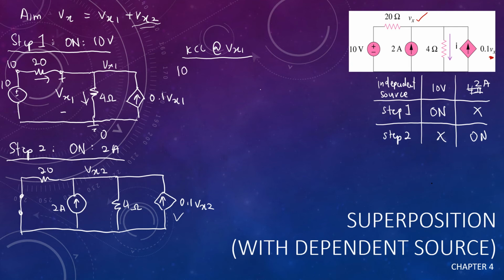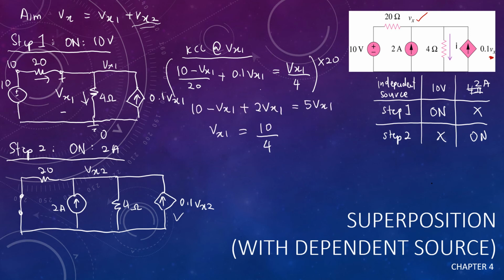This is (10 minus Vx1) divided by 20 plus 0.1 Vx1 equal to, because this current is going out, Vx1 minus 0 over 4. Since there is only one unknown Vx1, you can just simplify this and you will get the answer.